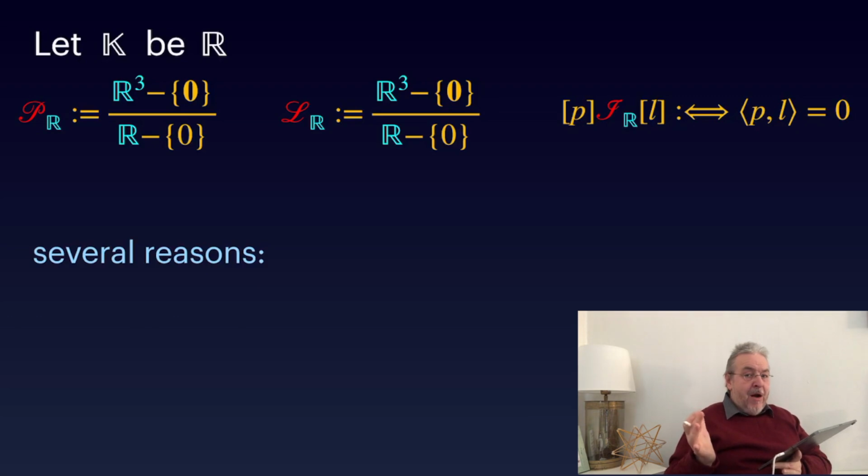So after all, we are mathematicians, and for mathematicians it's very often more desirable to have a theory over a general field than specializing down to the real numbers. But there are at least three reasons for considering the real numbers here.